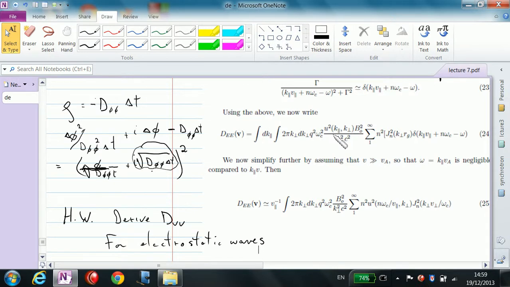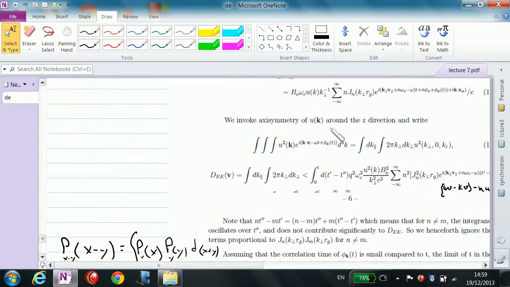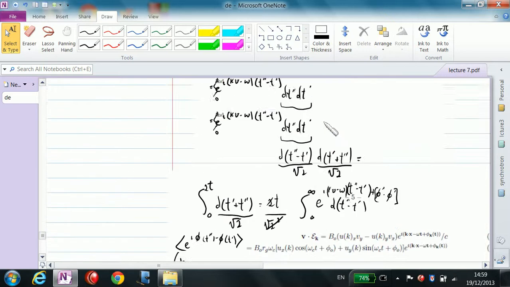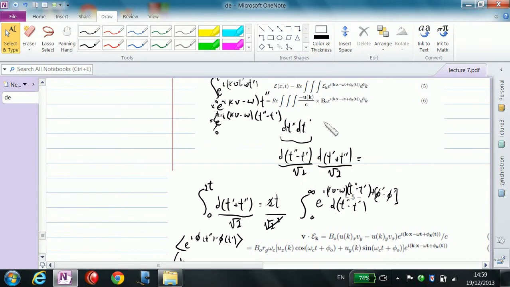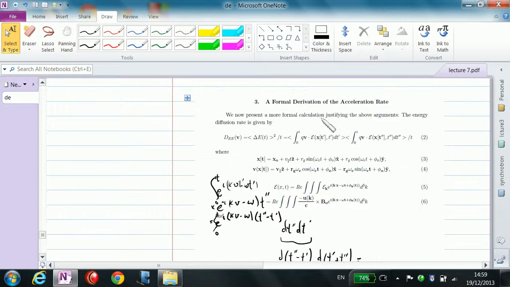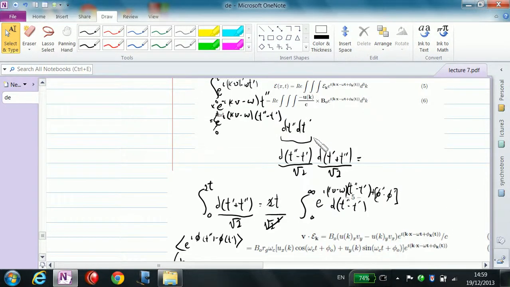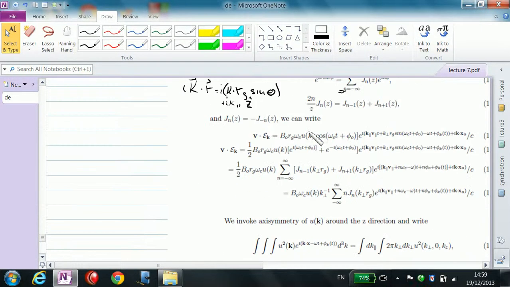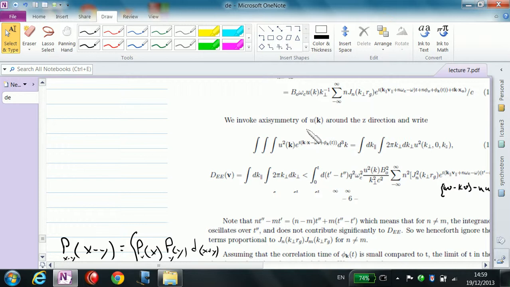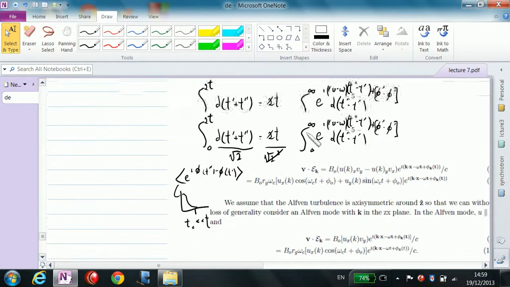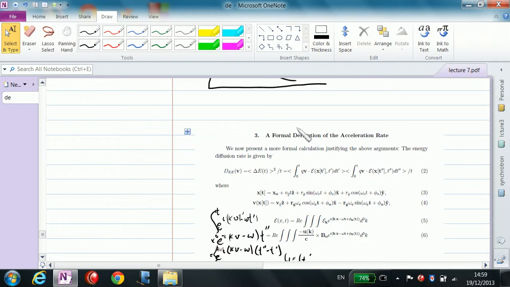You just use electric fields. There's no u cross B. You express the wave spectrum not in terms of u squared, the velocity, but in terms of the electric field squared. You just go here.